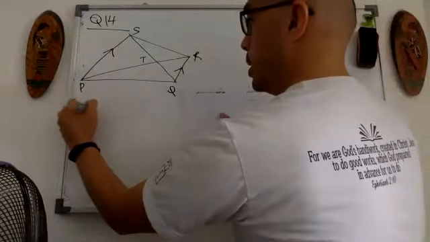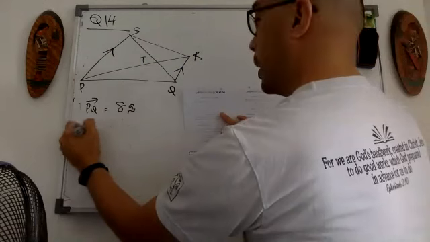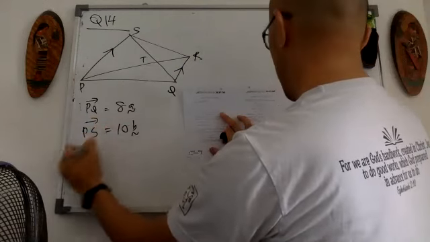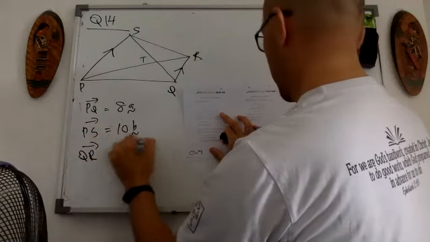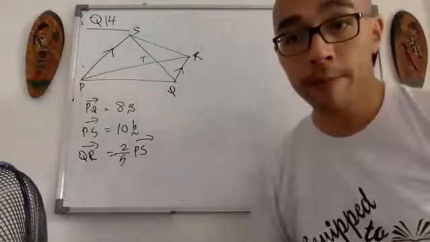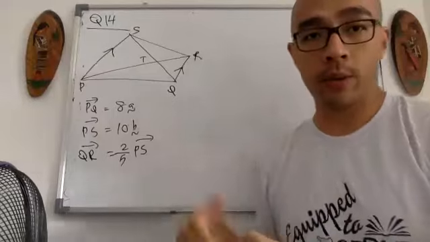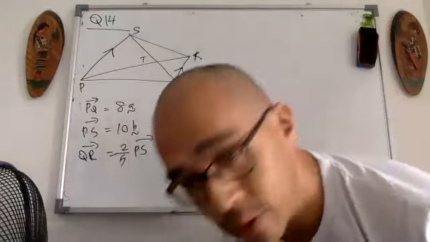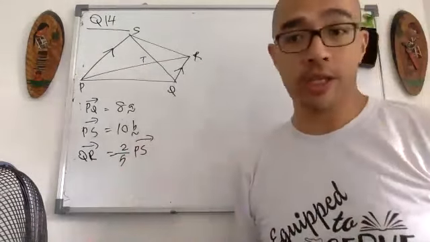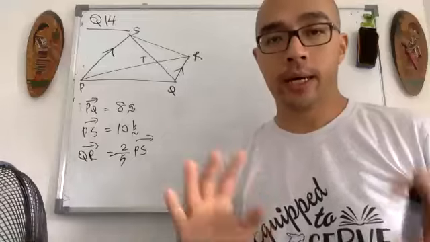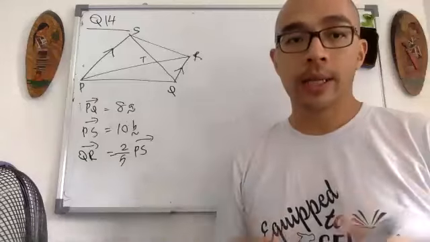Then you're given that PQ is equal to 8A, PS is equal to 10B, and QR is equal to 2 over 5 PS. Usually when we look at the question, I like to see what kind of information I get first before I start answering any question.